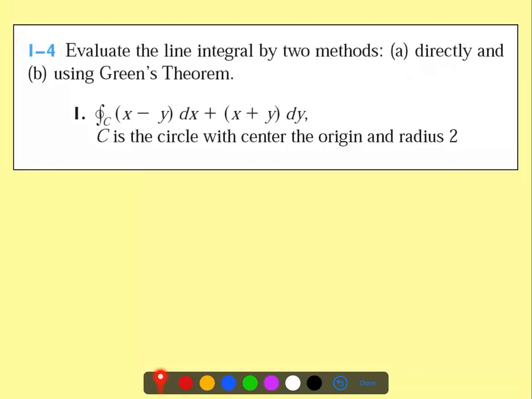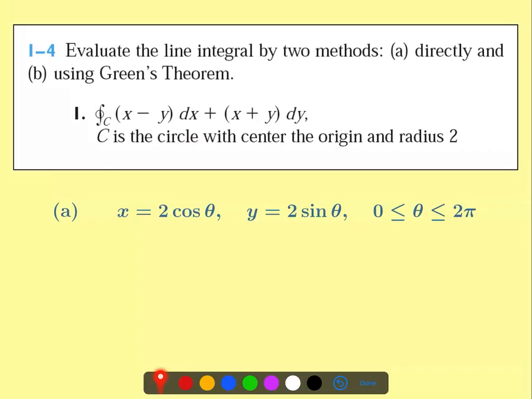By directly, this means we want to do it the way we learned in the last lecture. So let's check. If I wanted to describe the circle with radius 2 centered at the origin, that's similar to what we do with the unit circle, but the radius 2 puts an extra 2 here. So x equals 2 cosine theta, y equals 2 sine theta. Theta goes from 0 to 2 pi, which gives me the whole circle.